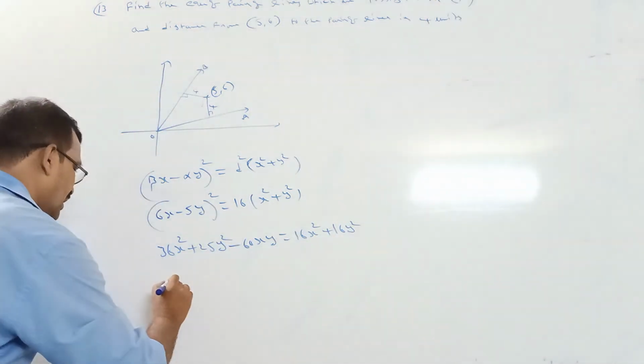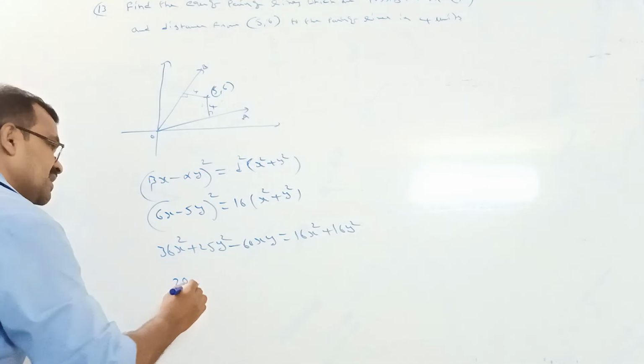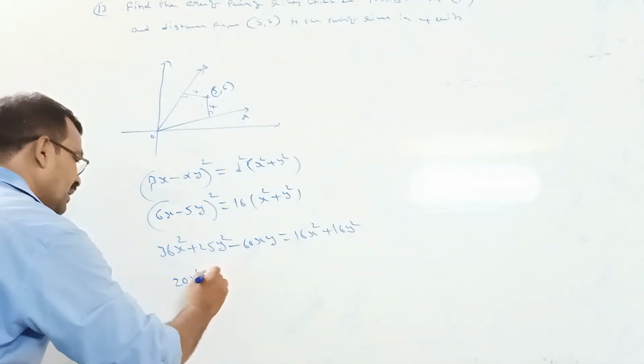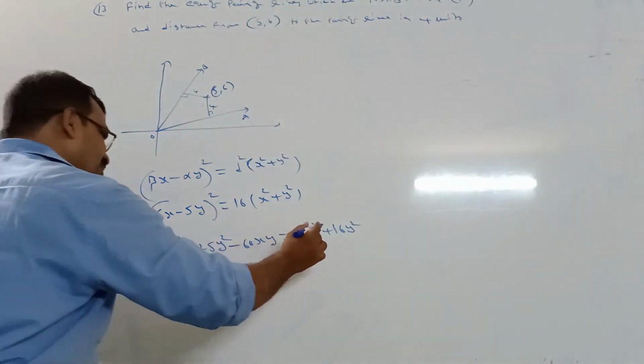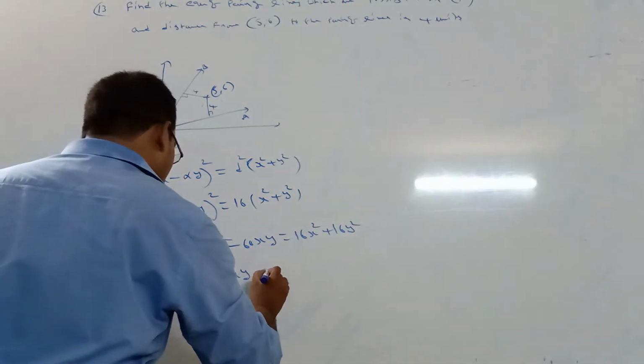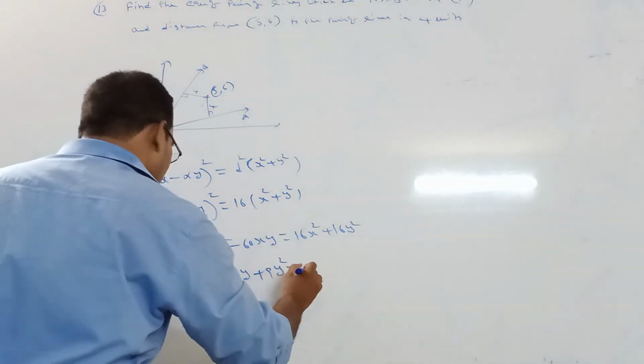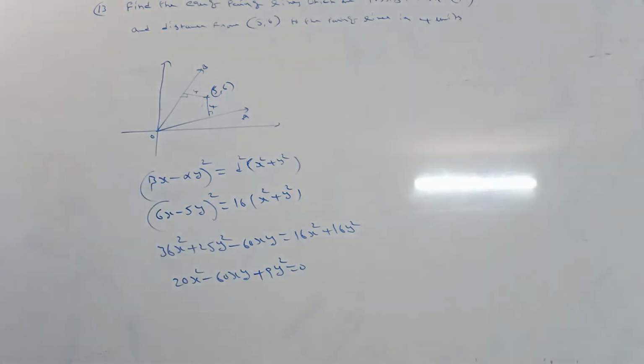Transferring to this side: 36x square minus 16x square is 20x square, minus 60xy, 25y square minus 16y square, that means plus 9y square. This is the required pair of lines.